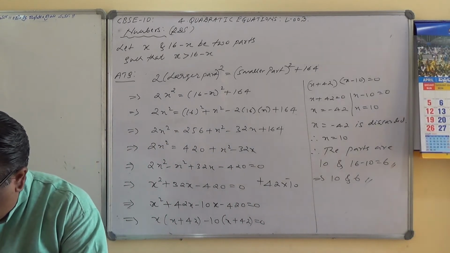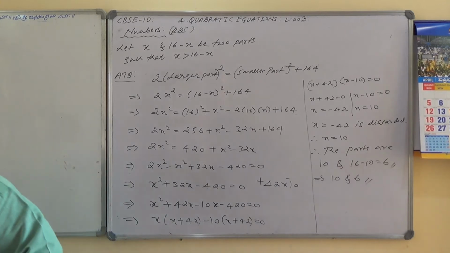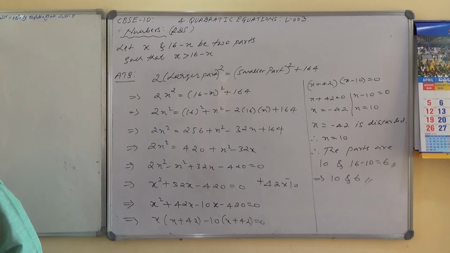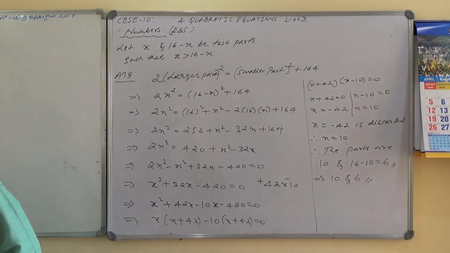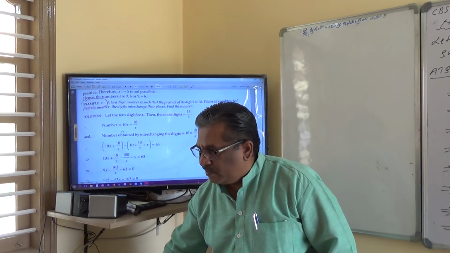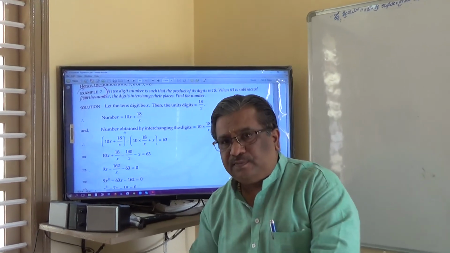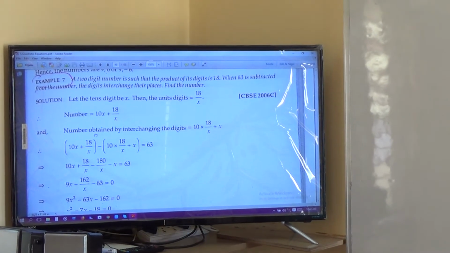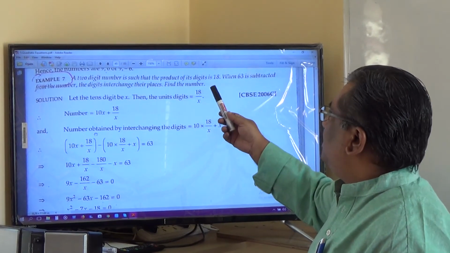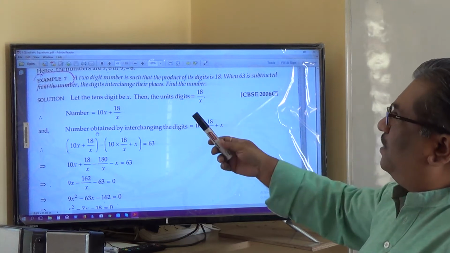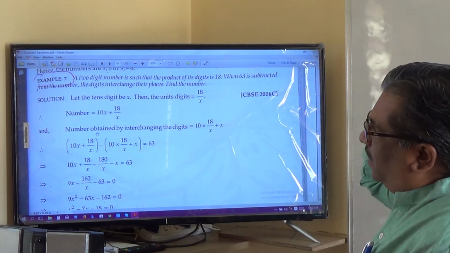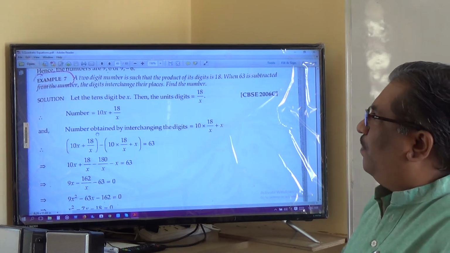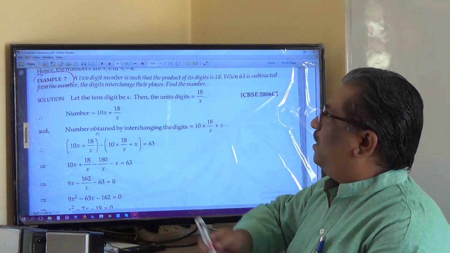Example number 7. A two-digit number is such that the product of its digits is 18. When 63 is subtracted from the number, the digits interchange their places. Find the number. First of all, you should know how to represent a two-digit number.